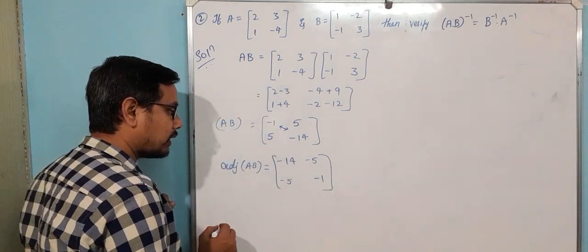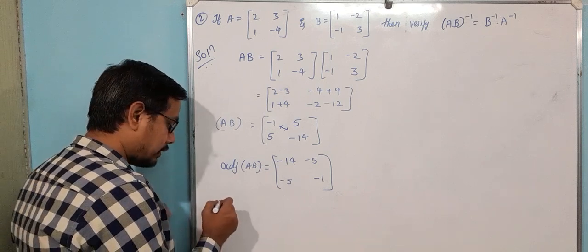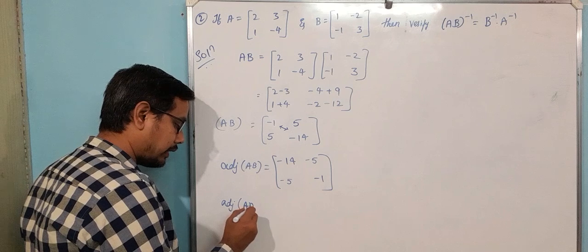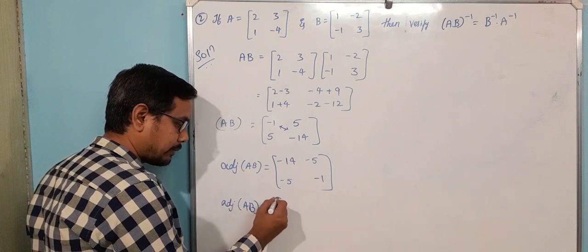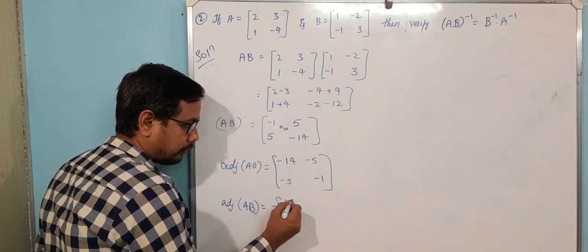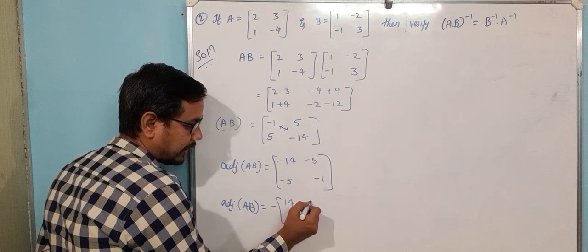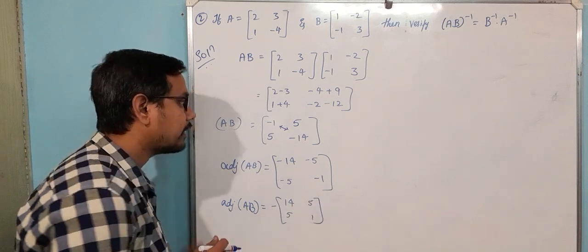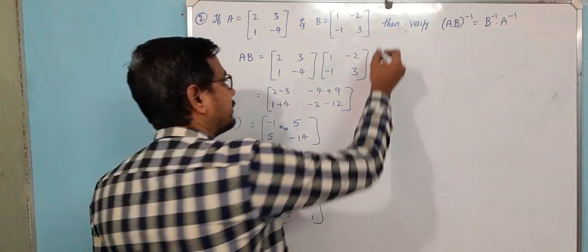Minus can be taken out, so adjoint of AB is written as minus [14, 5; 5, 1].